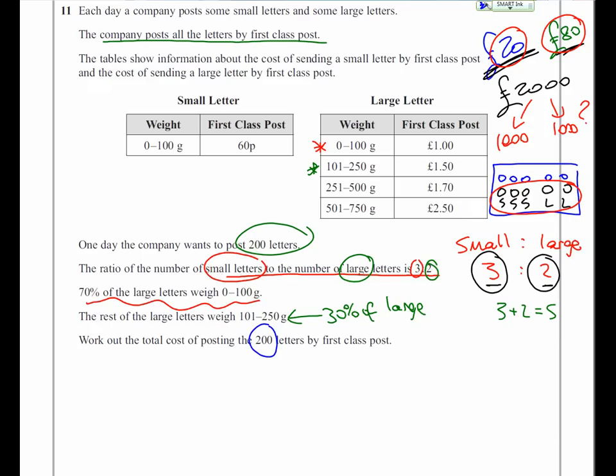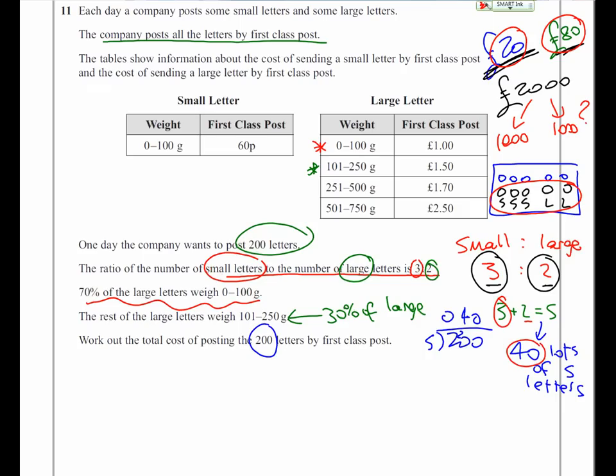So 200 divided by 5, we can do it like this, bus stop method. 0, carry the 2. 5 into 20 is going to go 4 times. The answer is 40. That means 40 lots of 5 letters. Remember, for each 5 there's 3 small and 2 large.